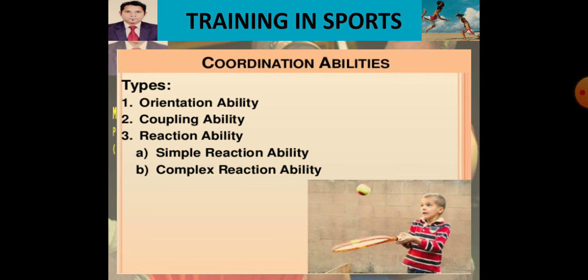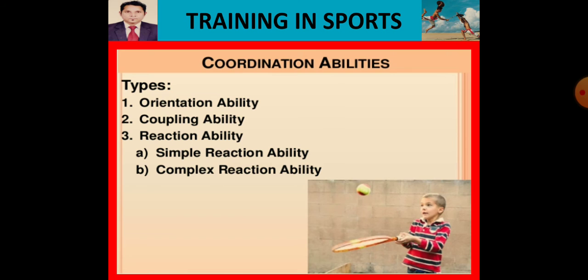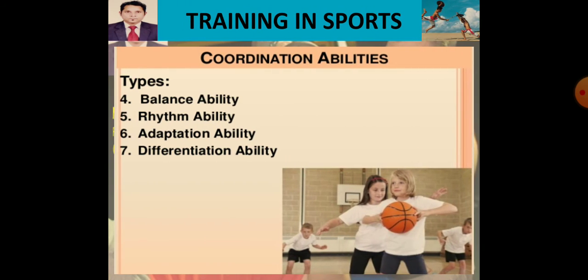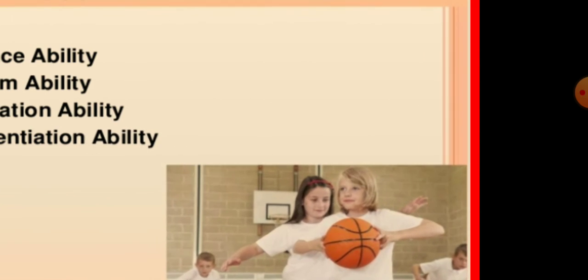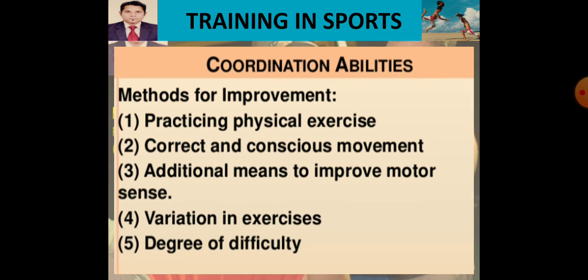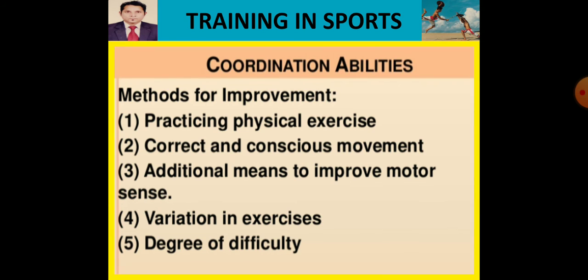So methods to improve the coordination ability: practicing physical exercises, correct and conscious movement, additional means to improve motor sense, variation in exercises, degree of difficulty. We will see here.